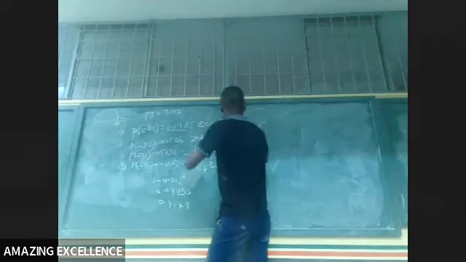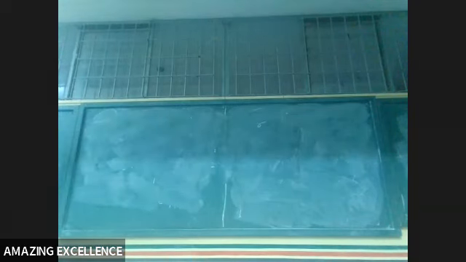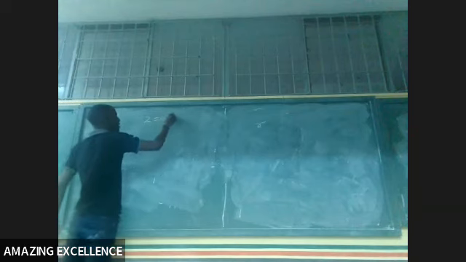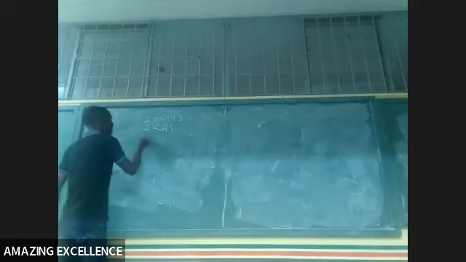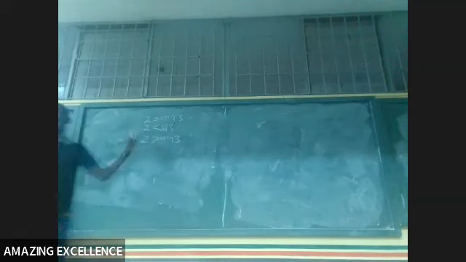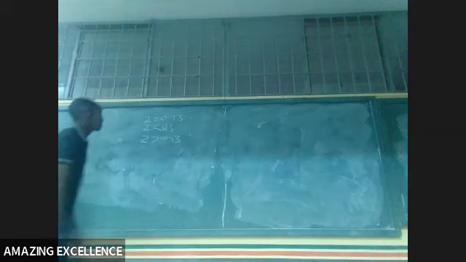Let's move downward and check. What if the Z value is already calculated? So it says, number 1, Z is equal to 0.93. The second one is Z is less than 0.93, and the other one is Z is greater than 0.93.